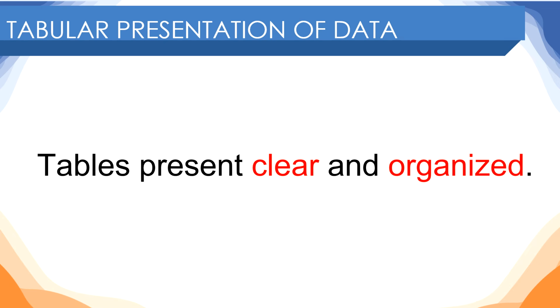So tables allow us to present information in an organized manner. So a table can make a large amount of information easier to read because the data are arranged systematically in rows and columns, right?